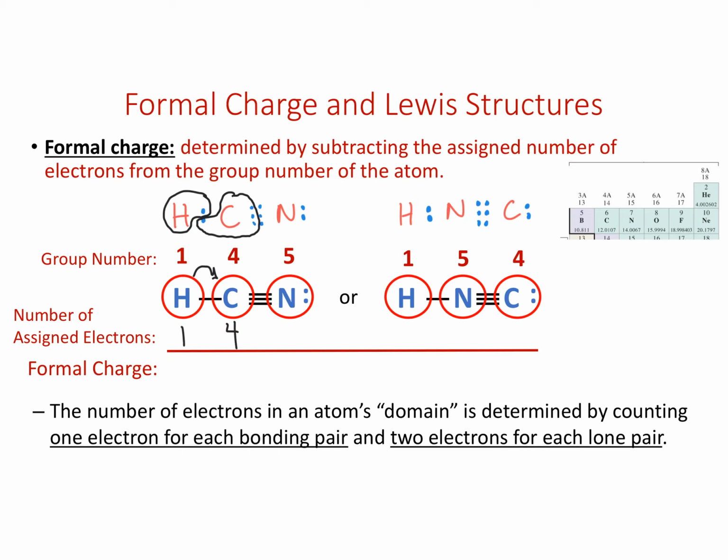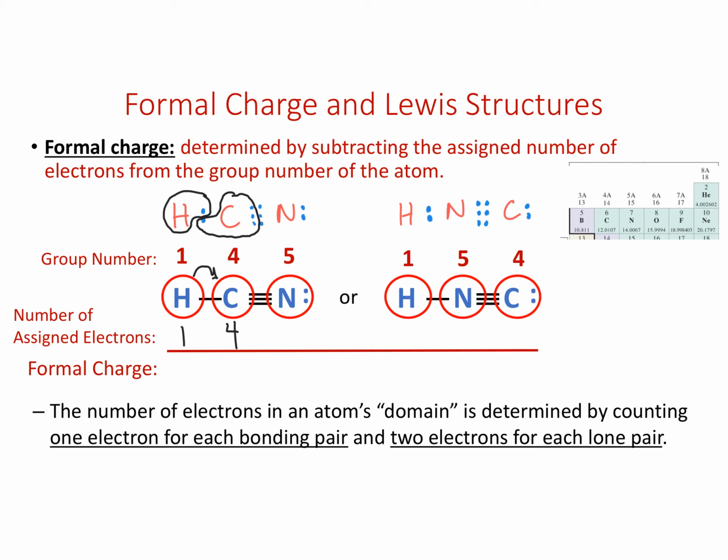And then for nitrogen, we're going to count the 3 electrons from the carbon-nitrogen triple bond, and the last component of calculating the number of assigned electrons: you count 1 electron in each covalent bond, and you count all the electrons in lone pairs.